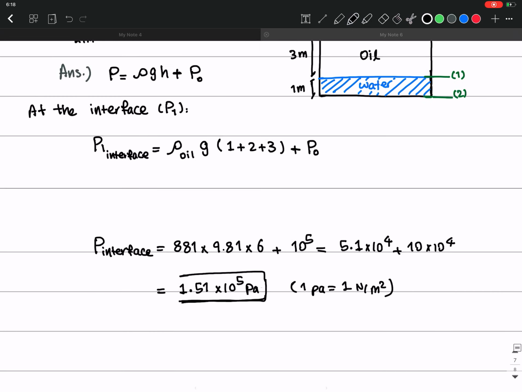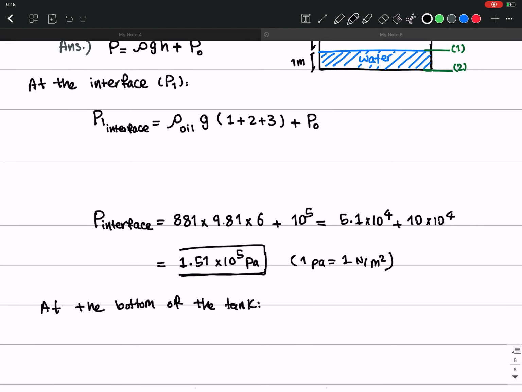Now let's look at the bottom of the tank. What would be the pressure there? So we are going to calculate P2, or bottom.